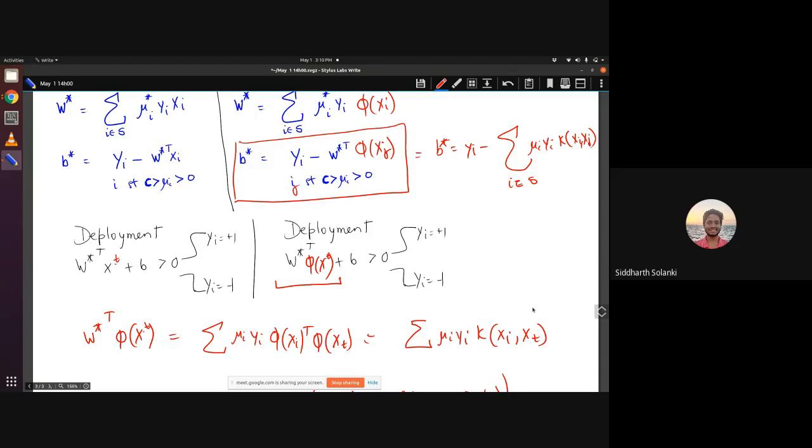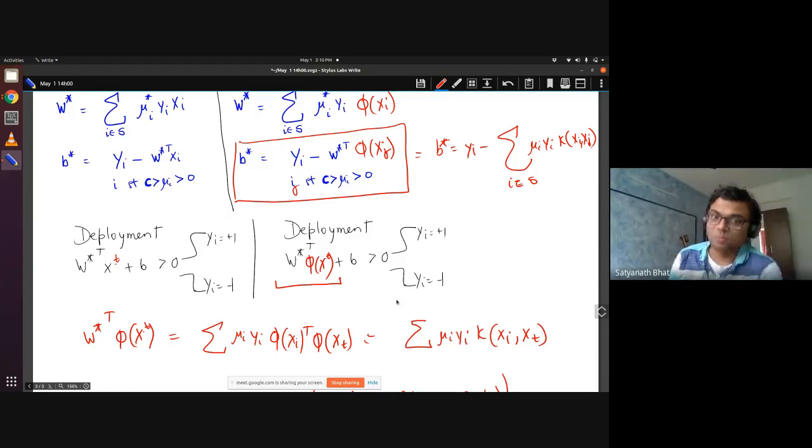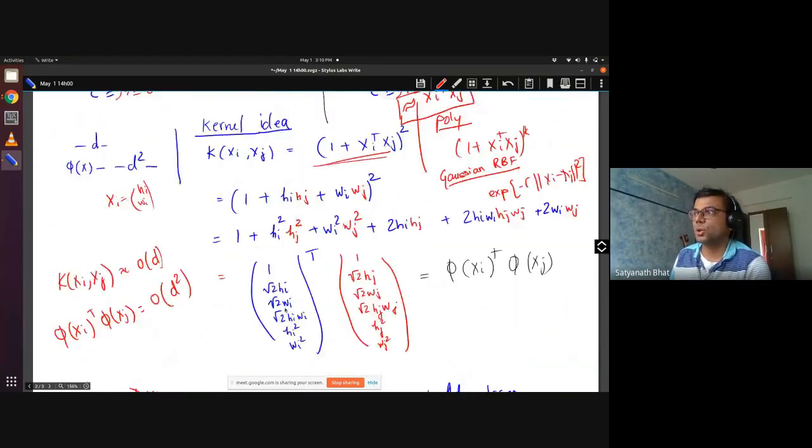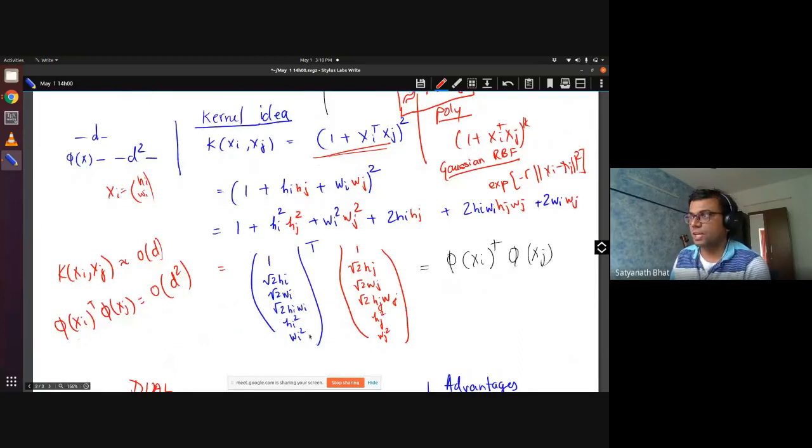So phi was tending to infinite dimensional, but we came up with a function that approximates. Not approximates, it does it perfectly. No approximation here. Because in the example that I showed you, this is a perfect phi of xi and phi of xj. It's perfectly doing the inner product, but it is not doing this and then computing. It is doing it in one step over here itself.